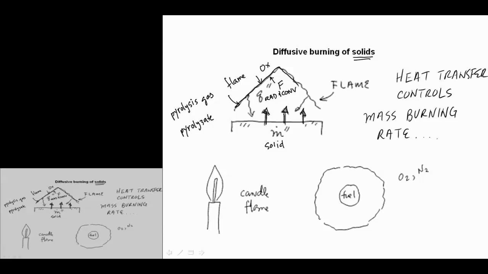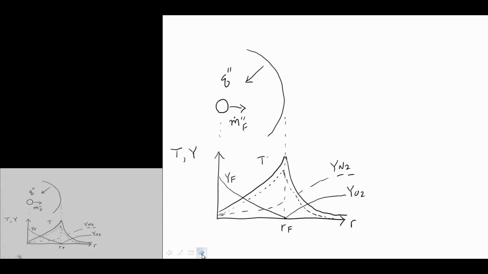The feedback from this burning process, because this creates high temperatures, the feedback from that to this relatively cooler solid is what causes the decomposition, and obviously that's the cycle that we're interested in. And we already pointed out that the candle flame is one example of this, and that a droplet that's burning, a fuel droplet that's burning, is another example of this system.